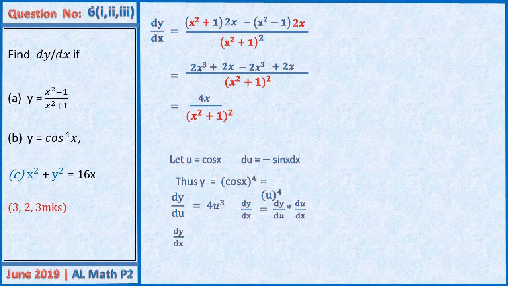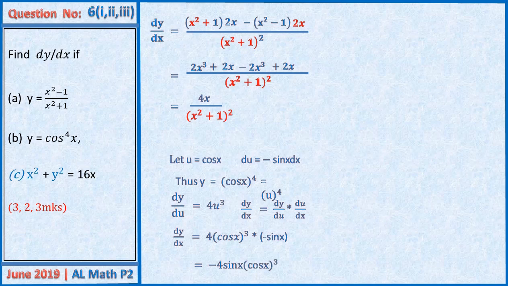Putting in the values and simplifying, we have 4 into cos x to the power 3 times the value of du/dx that we had, which was minus sine x, and finally the function derivative will be minus 4 sine x cos cubed x.